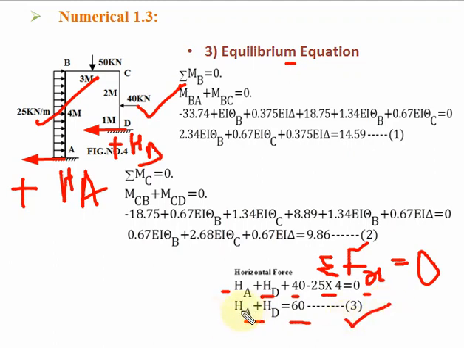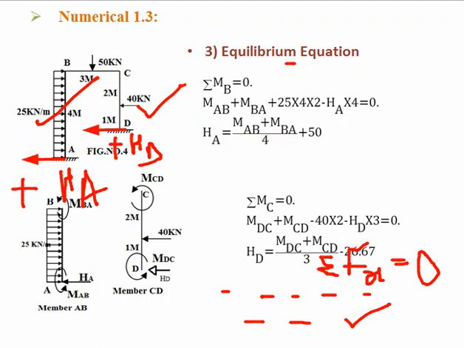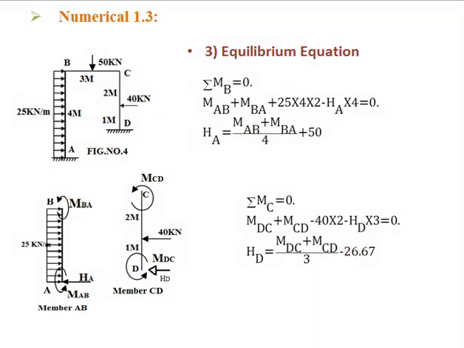Now this HA and HD must be transferred in terms of moment. For that we have to consider a separate FBD of each column. So let's consider column AB.